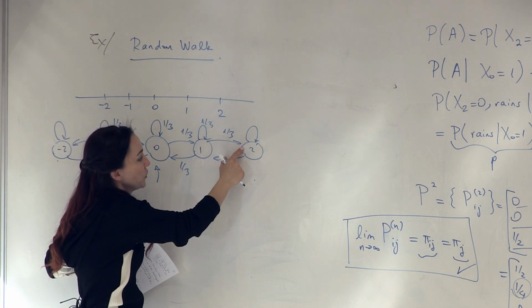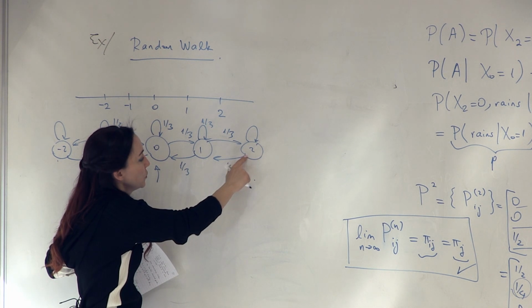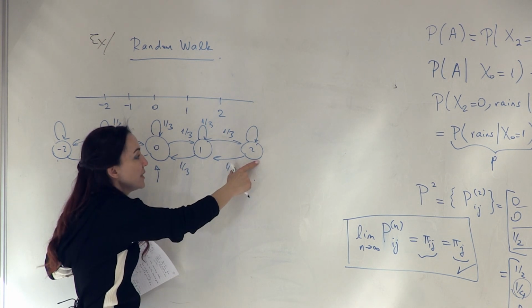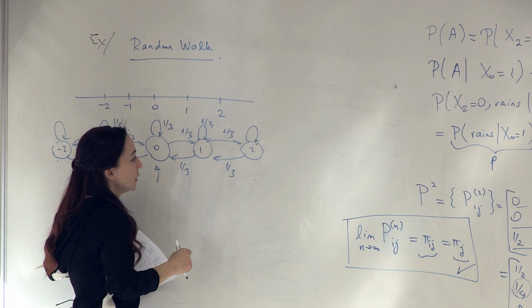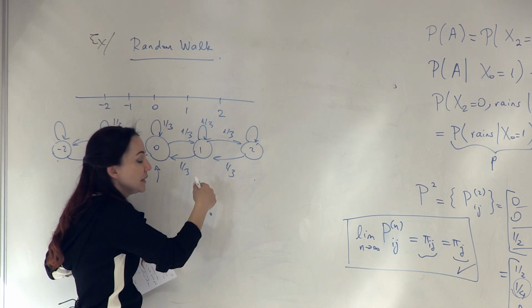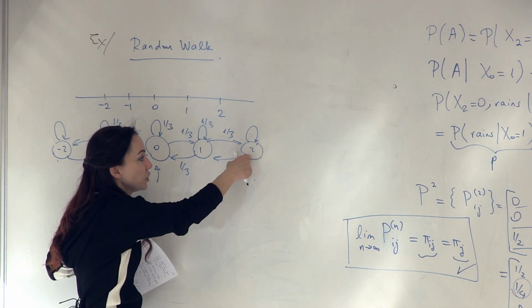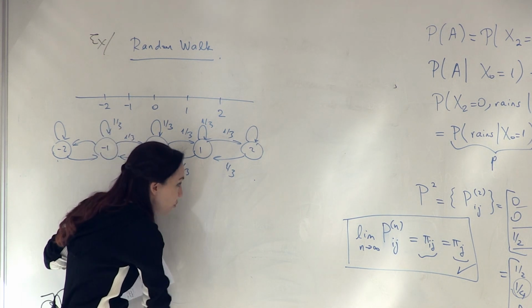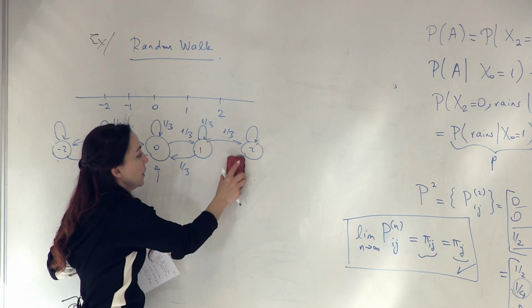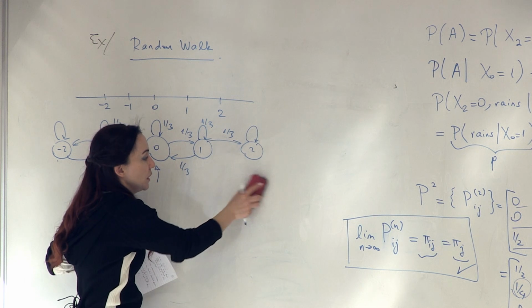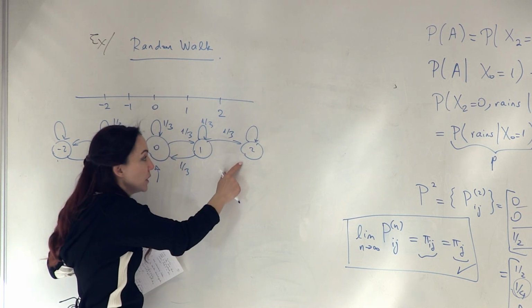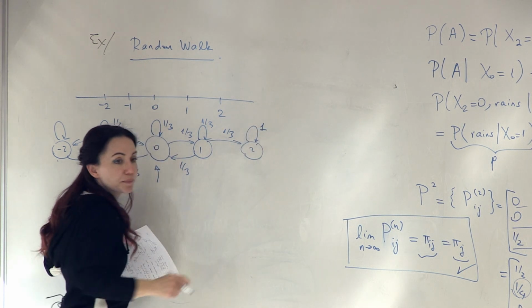The probability of going to 2 is 1/3, and the probability of crossing from 2 to 1 is 1/3. But in the modified chain, once I reach 2, the game is over. So how should I modify? I should make state 2 an absorbing state.